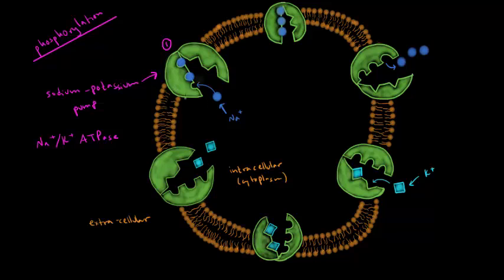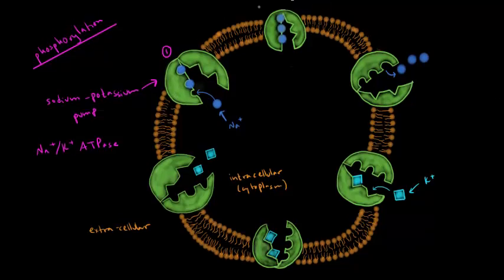So the sodium ions attach to the receptor site, and when the receptor sites are full, it's going to cause something to happen. It's going to cause an ATP molecule, adenosine triphosphate, to break down into ADP, adenosine diphosphate, plus phosphate. And then this phosphate will attach itself to the protein.